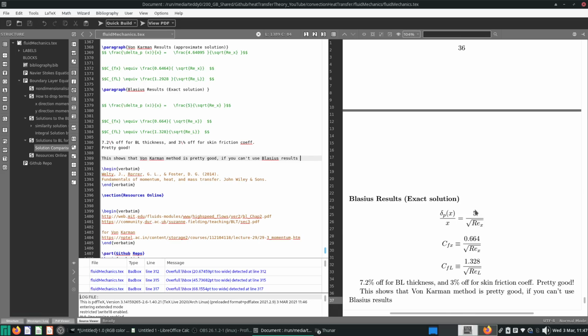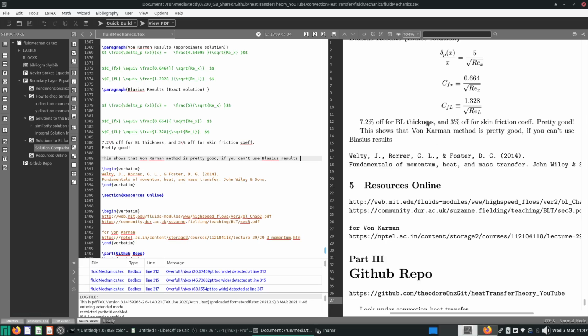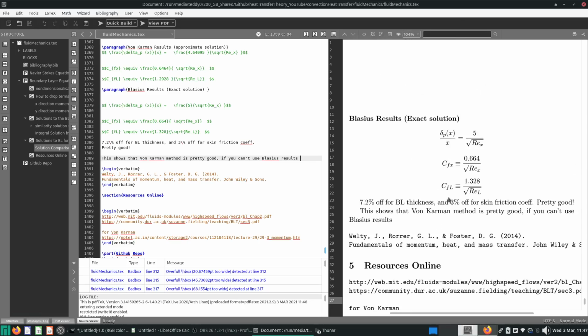If you're interested, you can try churning these results out from your Runge-Kutta codes or some other numerical solver for the Blasius solution. You can let me know if you do it well. I'm not going to do it for the time being.